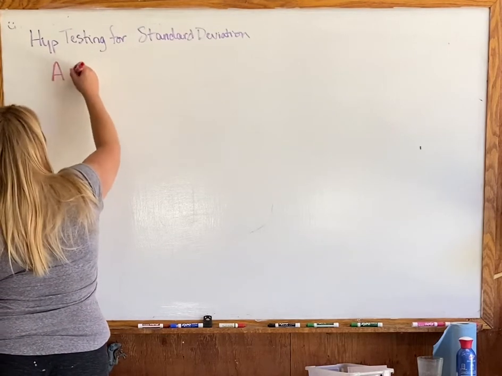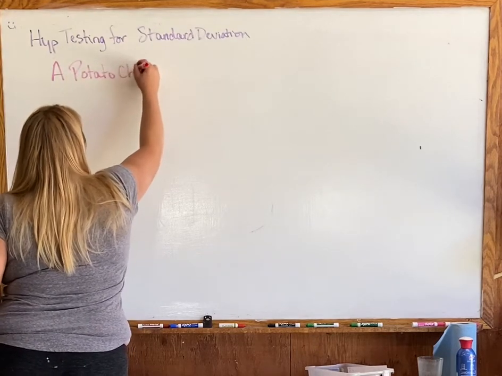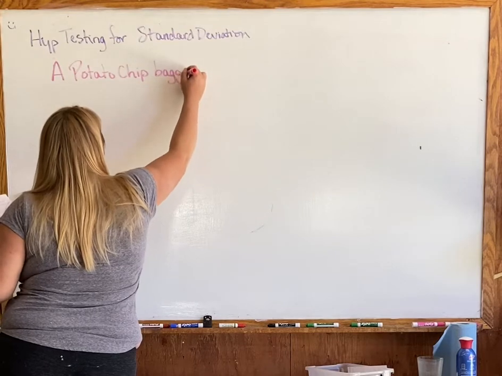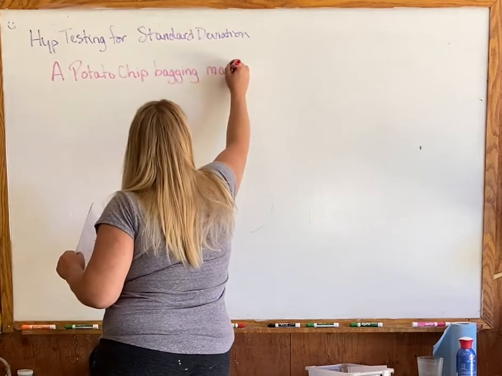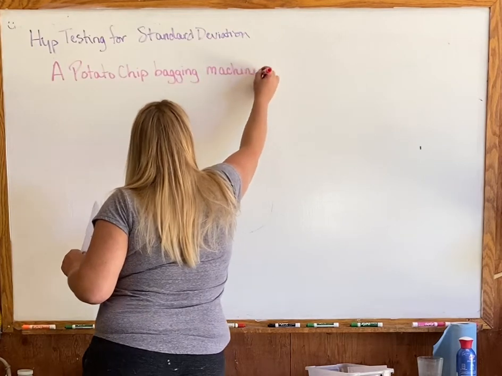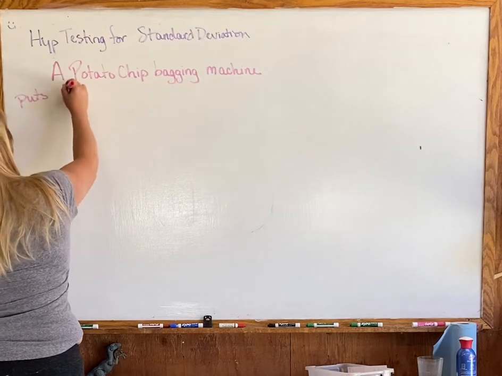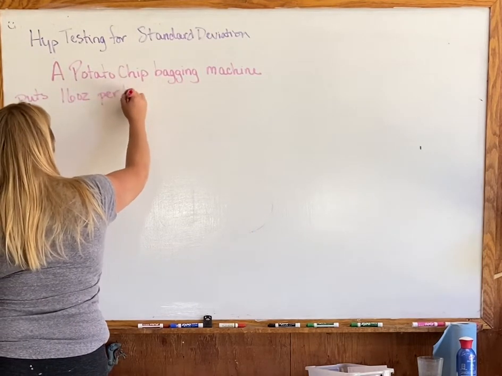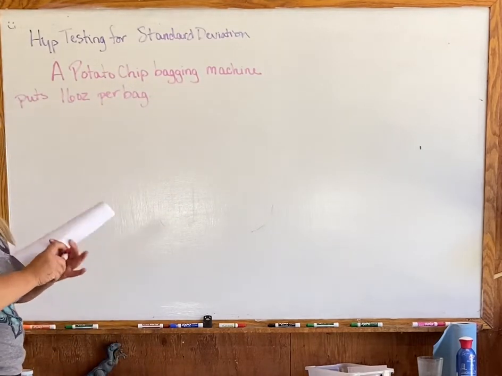So this says a potato chip bagging machine puts 16 ounces per bag.